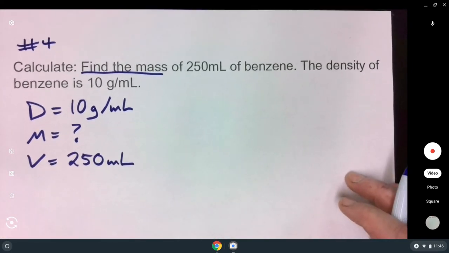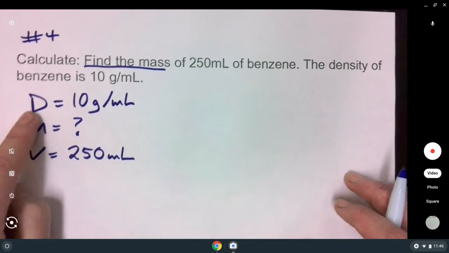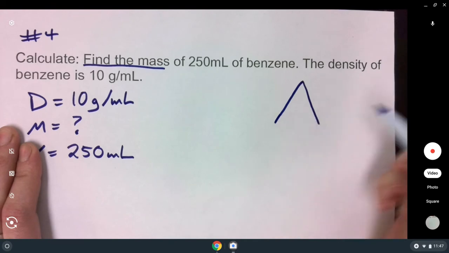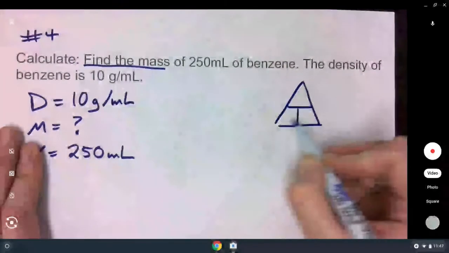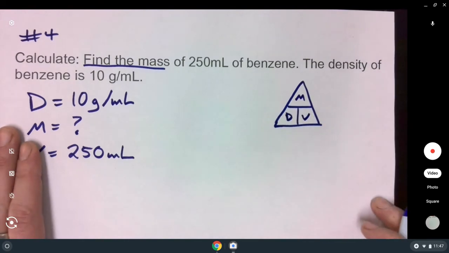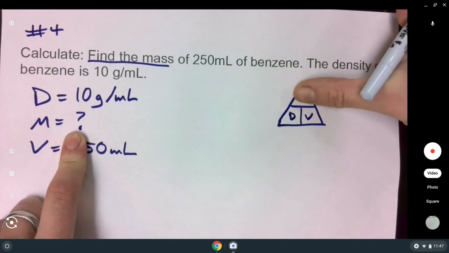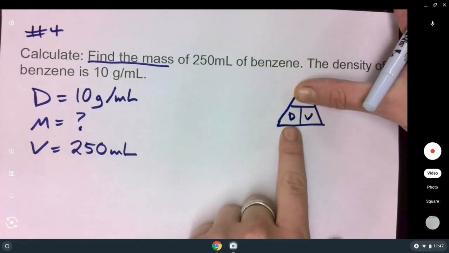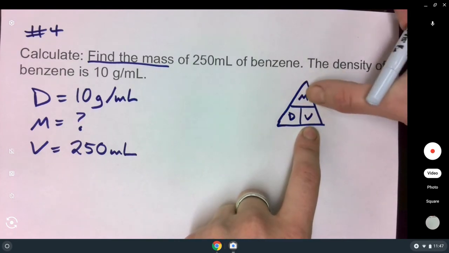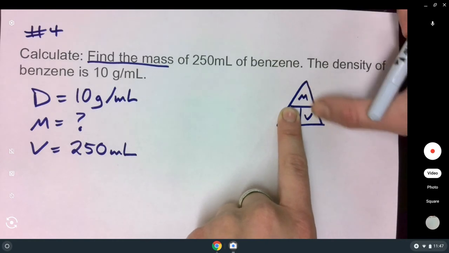Okay. So we need to figure out the formula. We can't use D equals M over V anymore because we're not solving for density this time. So let's do our density triangle. Remember, M goes up top, D and V. So we are finding the mass, so we're going to cover up the M, and what's left over is the D next to the V. Now remember, if something is on top of the other thing, like when we had density, M over V, that means divide.